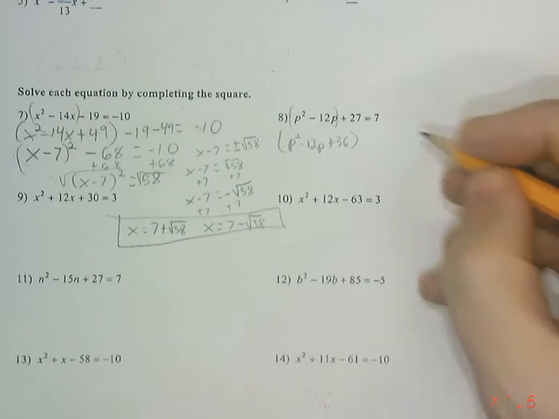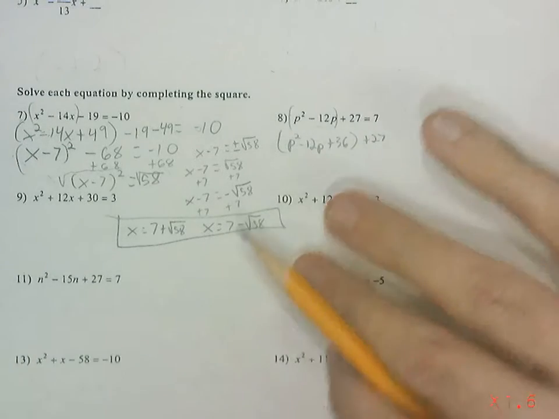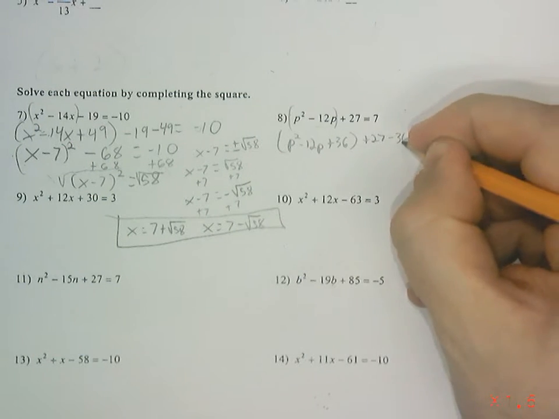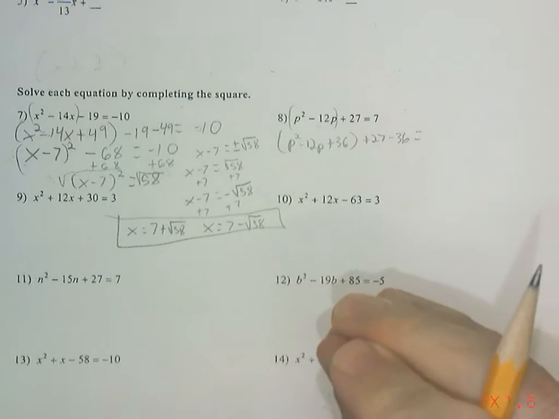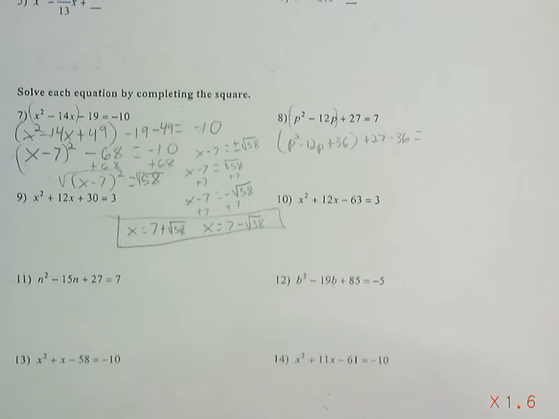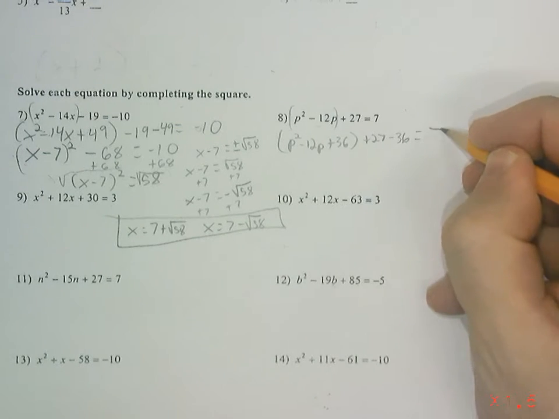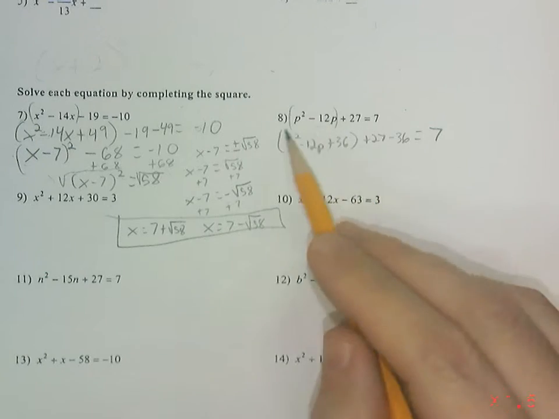However, I still have this plus 27 here, but since I added in this 36, I've got to cancel it out, so I throw in a minus 36 on that same side, because if I combine those, they go to 0. It's like I didn't do anything to the equation, even though I did. And then I still have that 7 on the other side. So again, this is a perfect square.